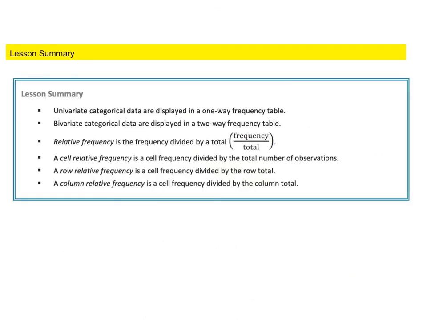All right, to close out this lesson, univariate categorical data is one variable that's displayed in a frequency table. Bivariate is 2, displayed in a two-way frequency table. We find our relative frequency by doing our frequency divided by the total. We can divide that number to find our decimal, and we can turn that decimal into a percentage pretty easily.